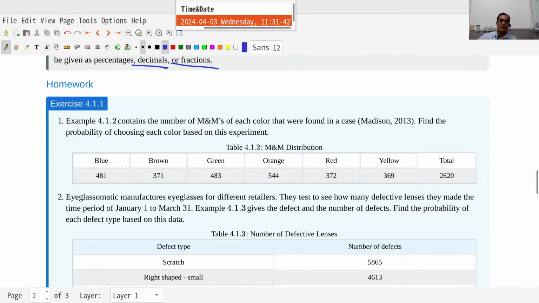The M&M chocolates: blue 481, brown 371, green 483, orange 544, red 372, yellow 369, and the total number is 2620. That is an experiment.